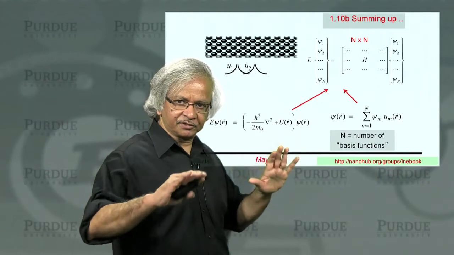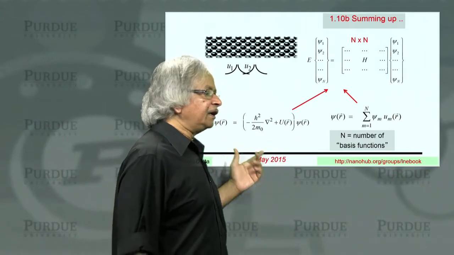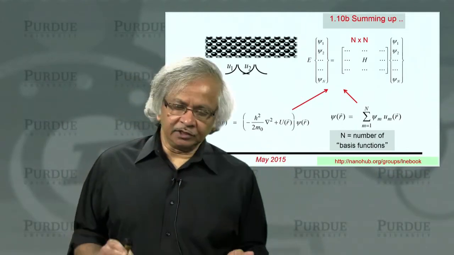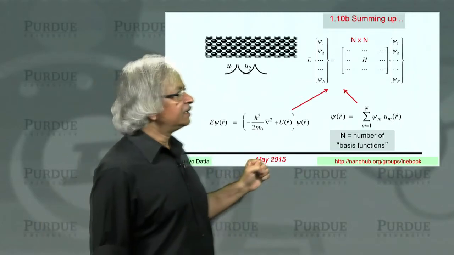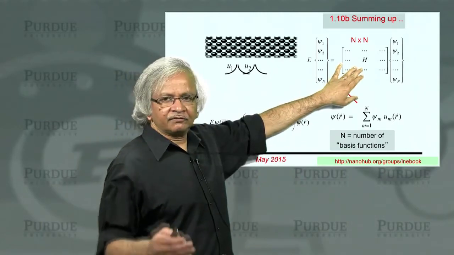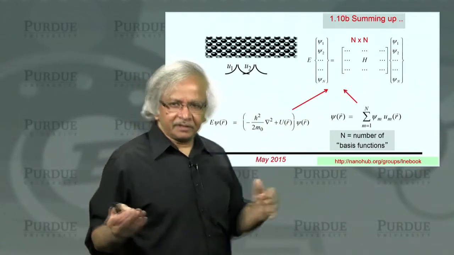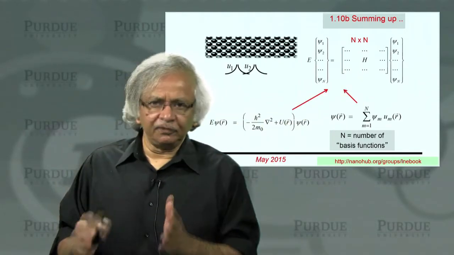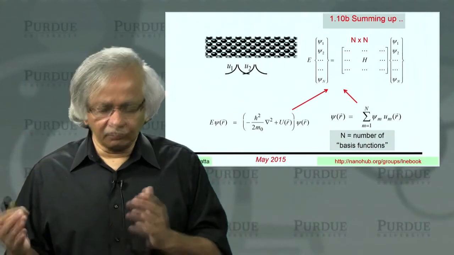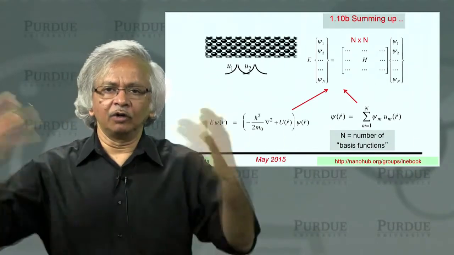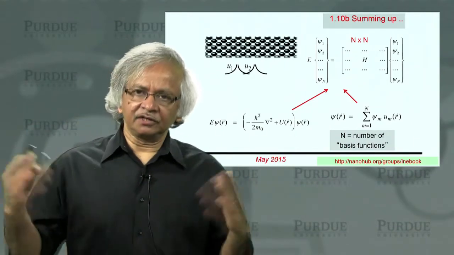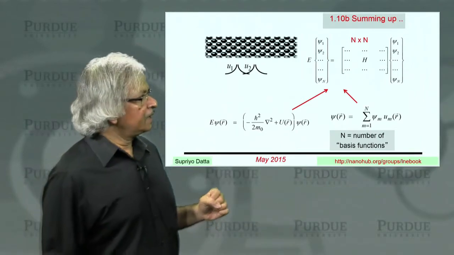And there's a definite prescription on how to do that. In the semi-empirical method, which is what we are doing, the idea is to write it in terms of a few parameters and then obtain those parameters by comparing with a few standard experiments. And once you have this, then you can go on to describe all kinds of other experiments.